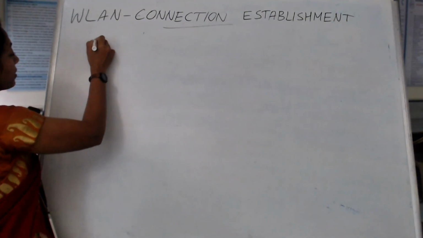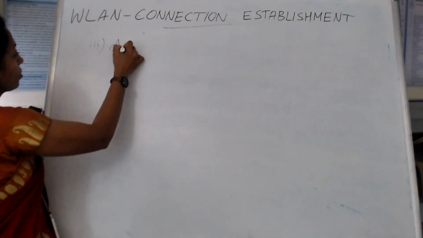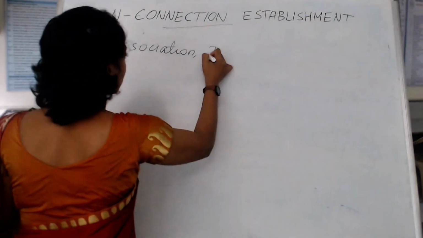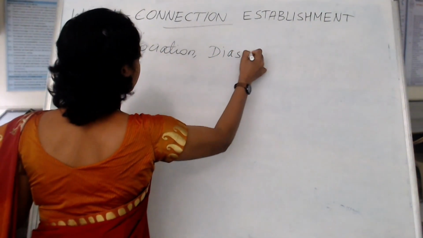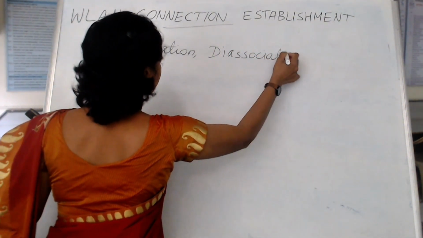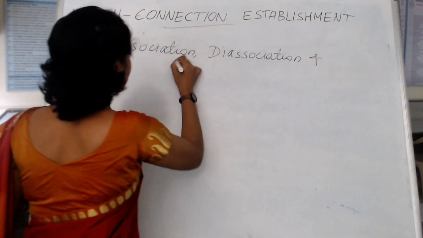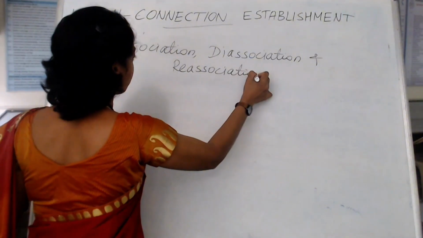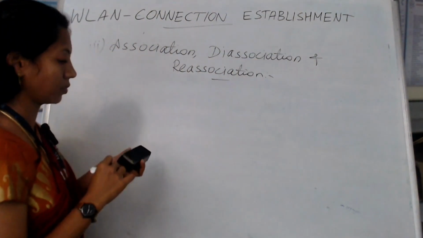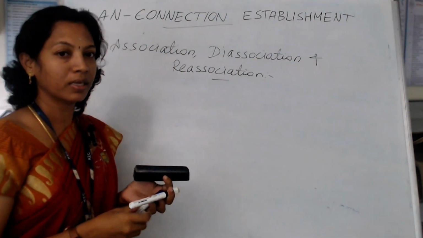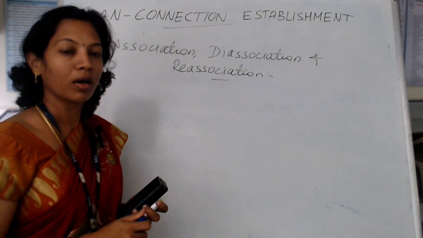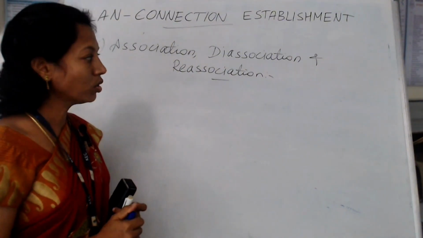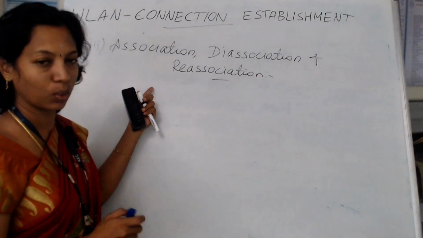The third step is association, disassociation, and reassociation. Once the client or the laptop is authenticated by the access point, it goes to the process of association request.